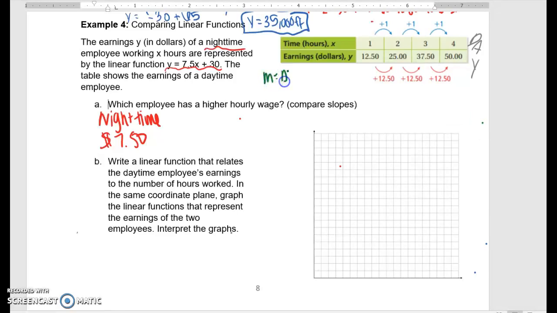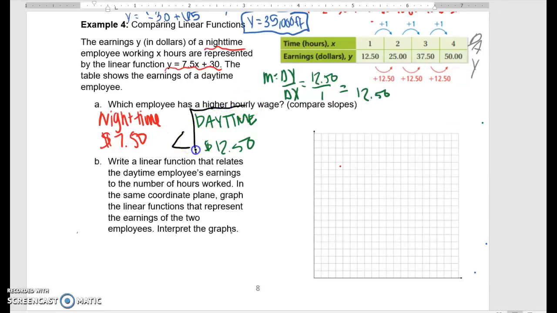Remember though, whenever we're looking at slope from a table, we have to do the change in y over the change in x. They happen to already give us this pattern. So it's 12.5 over 1, which then is 12.5. So then your daytime employee makes $12.50. They want you to say which one is a higher hourly wage, and that would be your daytime employee.